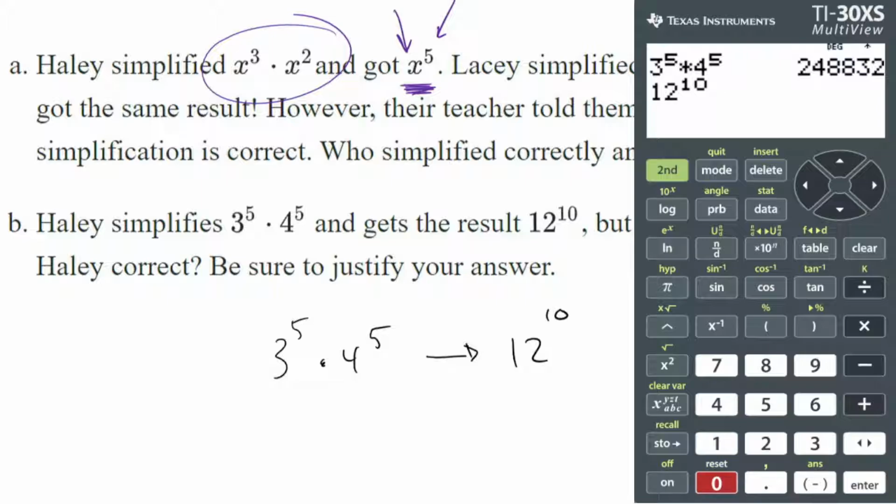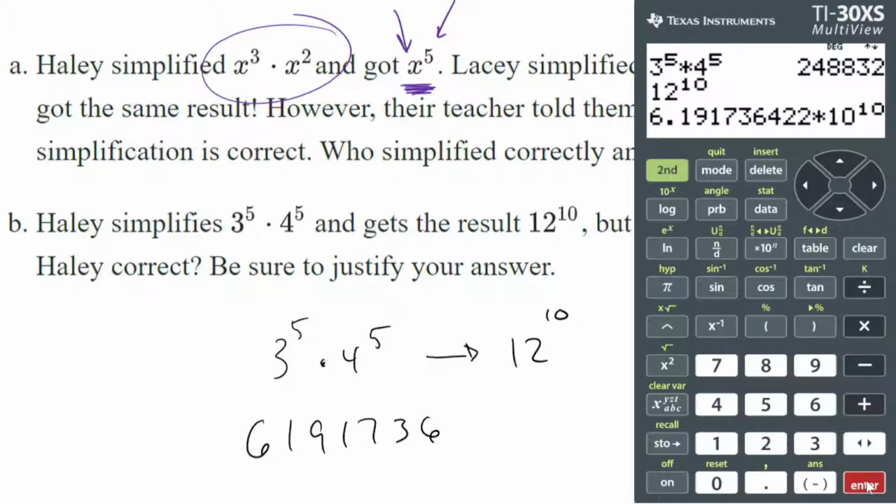Now, I'm going to compare that with 12 raised to the 10th power. And when I look at 12 to the 10th power, what do I get? It's huge, right? This is in scientific notation. If I look at what's on the screen there, it's like 6.19, but I have to move that decimal 10 places to the right. So I could write 6, that would be 1, 2, 3, 4, 5, 6, 7, 8, 9, 10.